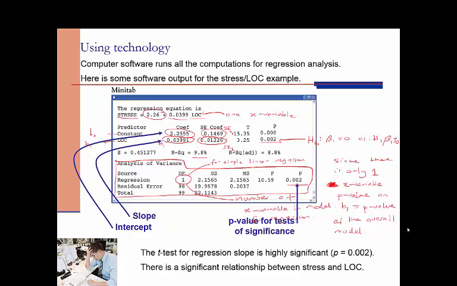Okay, that's something you want to remember. This is the p-value of the overall model, right? P-value for the entire model, if the model is significant or not. Okay, p-value for test of significance on overall model. That p-value is the same as that p-value because there's only one x variable. When that changes, when it has multiple x variables, that won't be the case anymore and they'll be different. That's in the next chapter. So in this chapter, this p-value and that p-value are going to be the same. There's only one x variable.